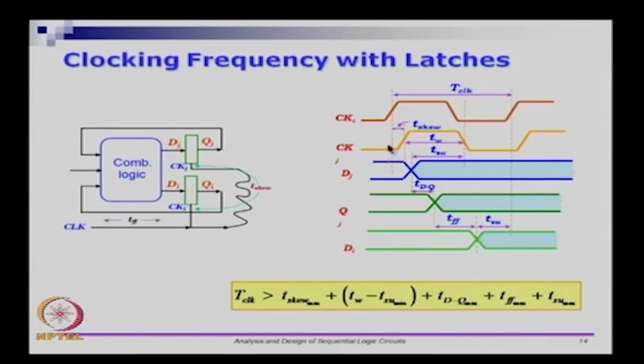So T clock, the width of the clock pulse, the argument is it should be greater than this expression here with the appropriate maxes and mins. Even let us say there are no maxes and mins, they are all just the same value. So let us go and see why something like this must be true.